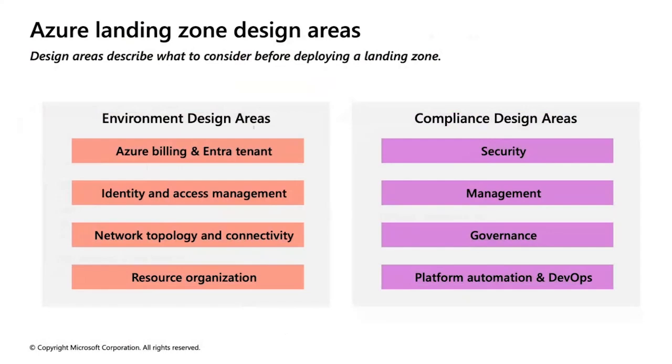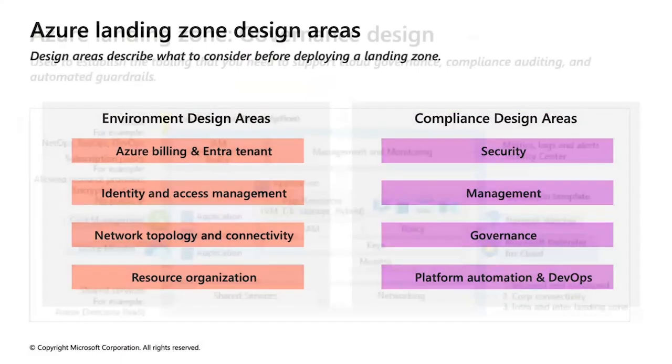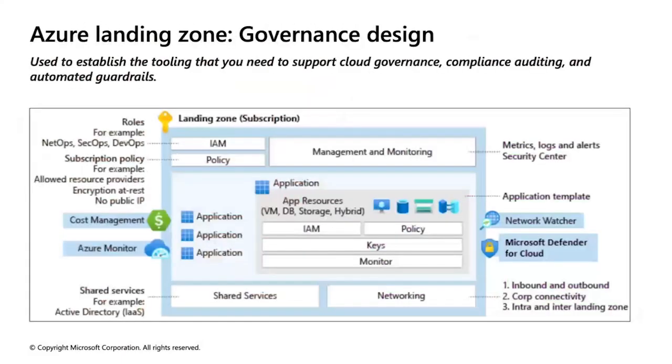So how does this look, what kind of things do we have in this? Basically it looks like this format here. A landing zone is a virtual boundary based on a subscription where we have resources, services, policies, applications, lots of things working together. For example, in this landing zone we have identity and access management, policies, applications, shared services, networking components.